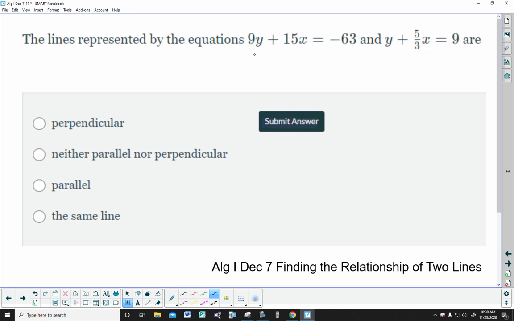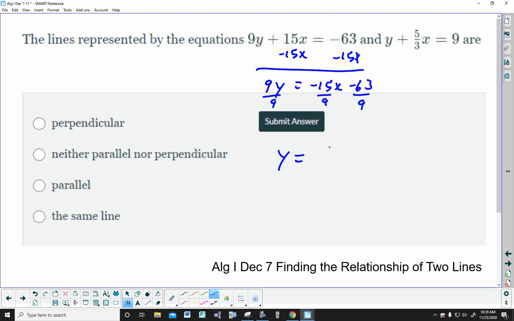All right, so for this one, minus 15x from both sides. So I get 9y is equal to negative 15x minus 63. Divide by 9, and you get y is equal to, a 3 is going to fall out of that, negative 5/3 x minus 7. So the slope of this line is negative 5/3.